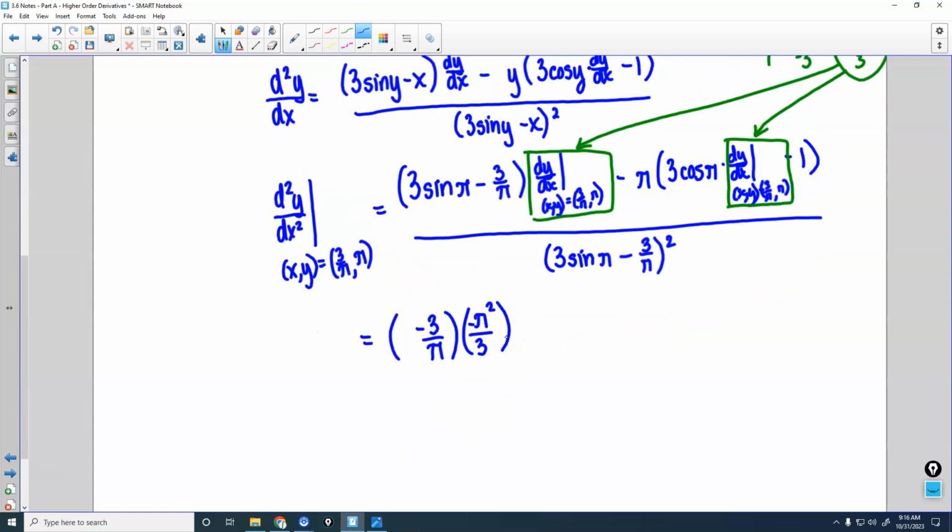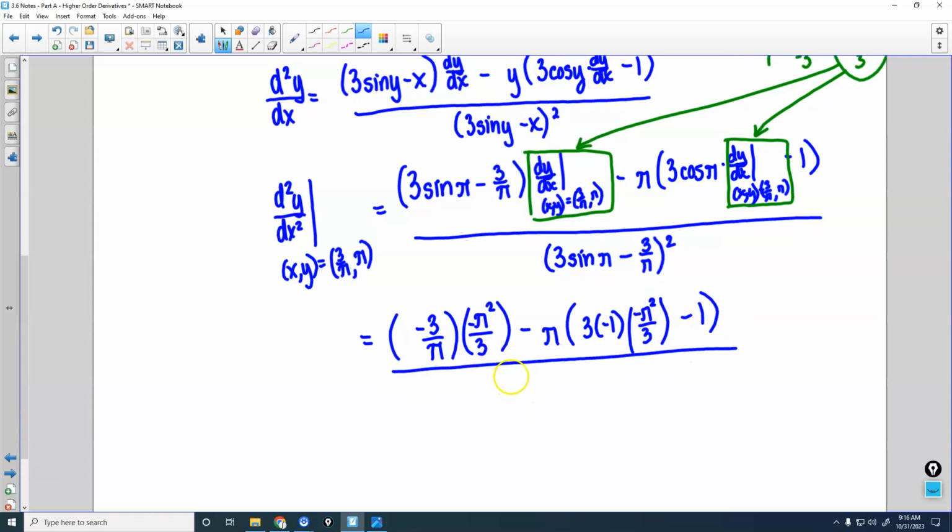That was what I had, right? Yeah. Minus pi times, what is cosine of pi? Negative 1. So that's going to be 3 times negative 1 times the negative pi squared over 3. And I'll still have that minus 1 over there.